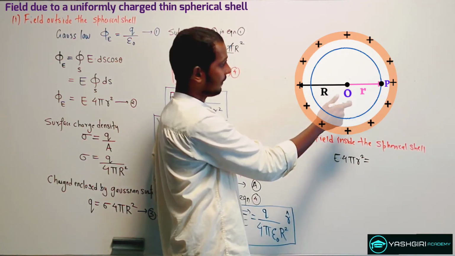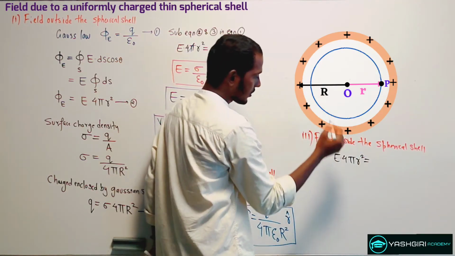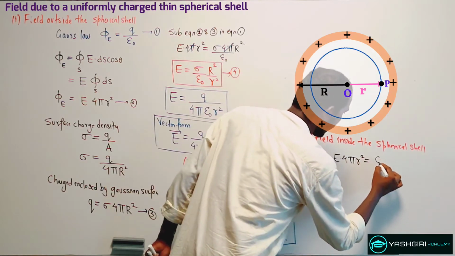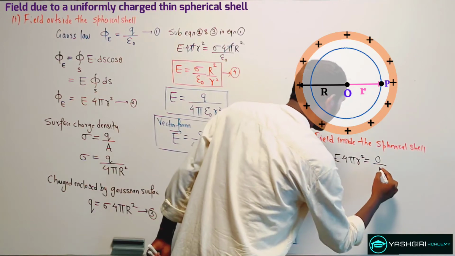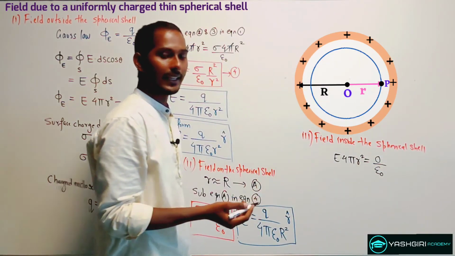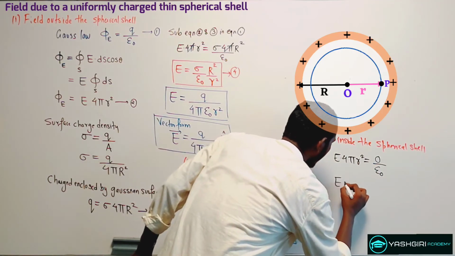Because the charges are available on this thin spherical shell, correct? Yes, so in that case, the charge enclosed by the Gaussian surface is 0, divided by epsilon naught.